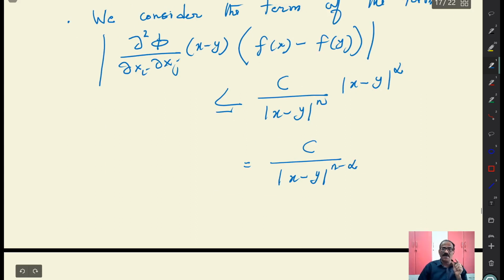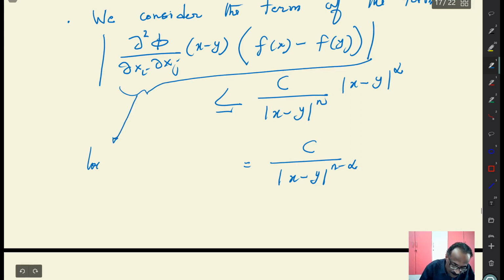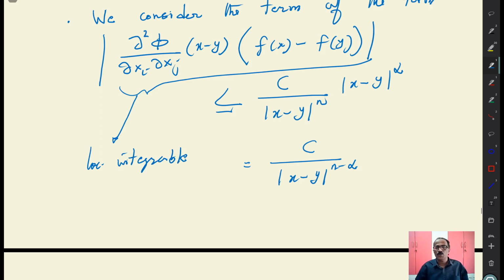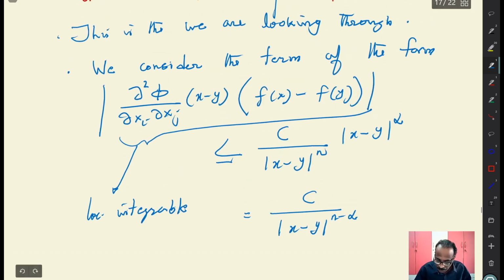The extra singularity at the boundary produced by your fundamental solution has to be compensated from the source term, to eventually have the existence of the solution for your potential theory. So this is locally integrable. We will do more on this one, and we will eventually prove your final theorem in the next class. Okay, thank you.